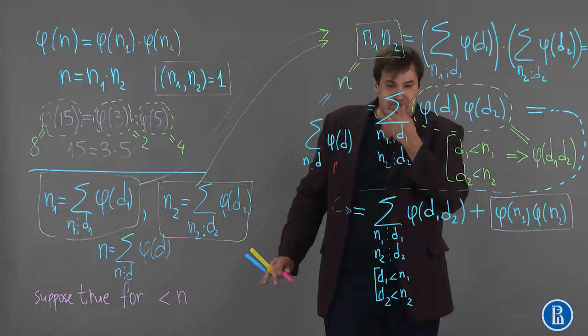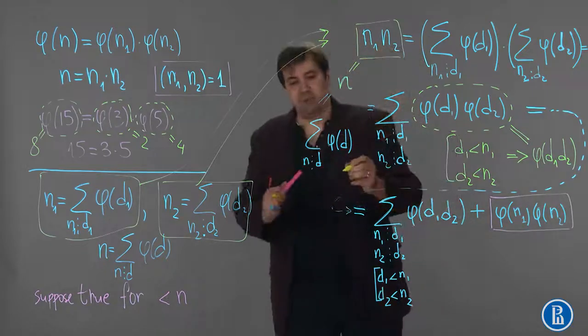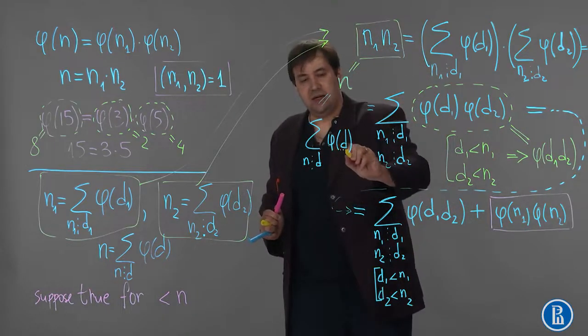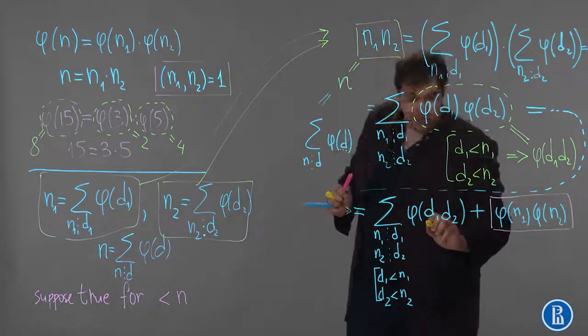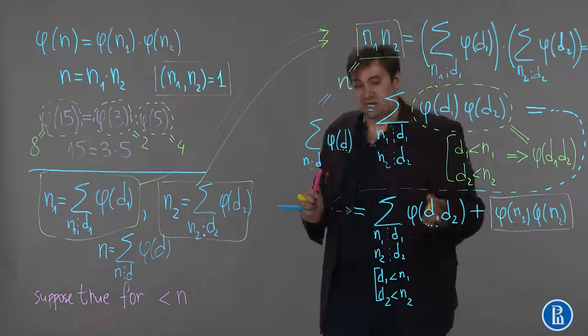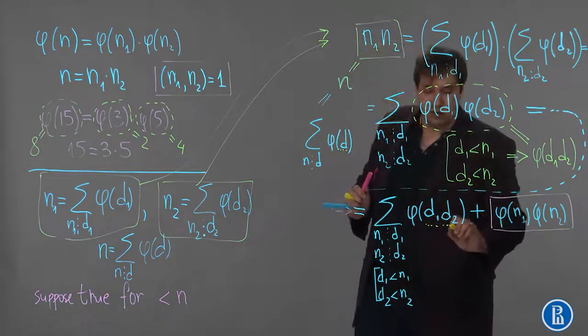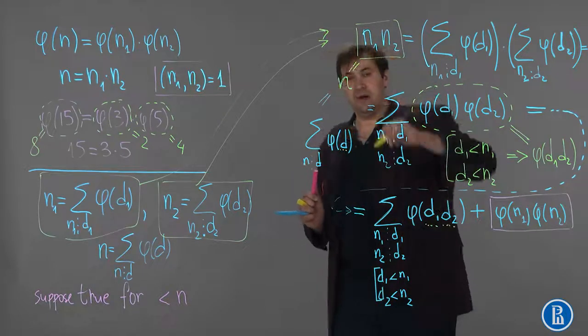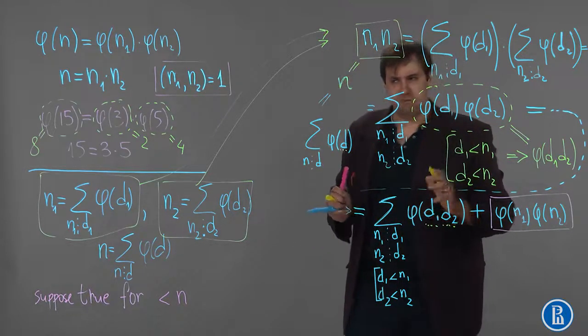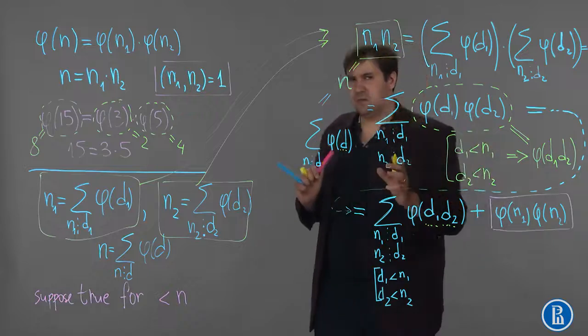Well, what do we see? First of all, d is a divisor of n. d1 is a divisor of n1. d2 is a divisor of n2. But n is equal to n1 multiplied by n2. Does this ring a bell?